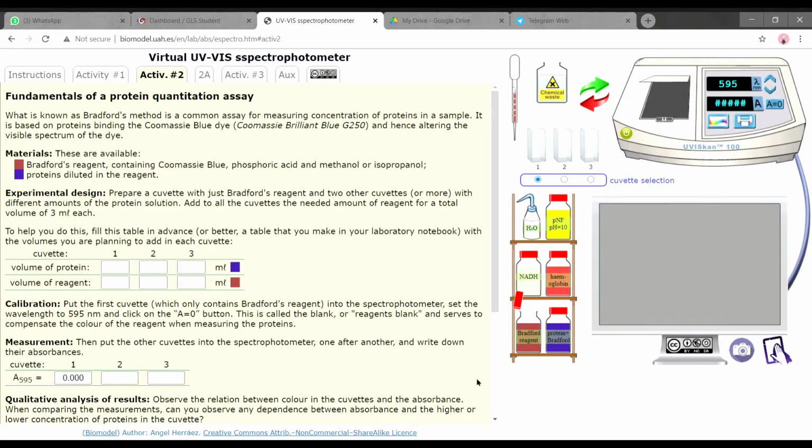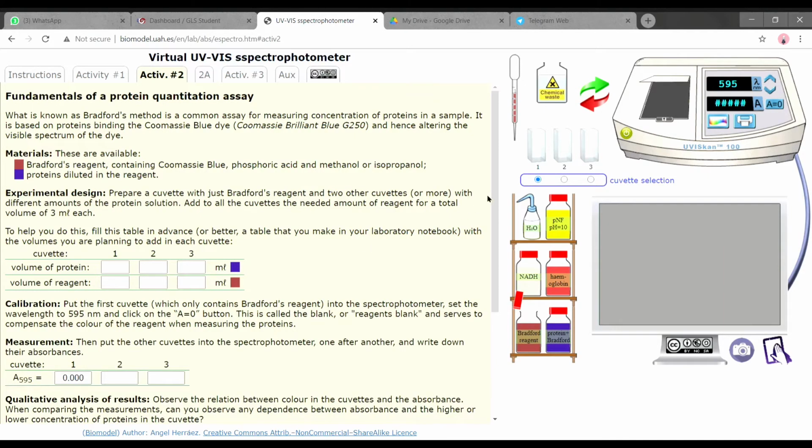For the second activity, we do an experiment to measure the concentration of proteins in a sample using the Bradford's method. So we need the Bradford reagent and the Bradford protein to make this experiment. But before that, we need to calibrate first.